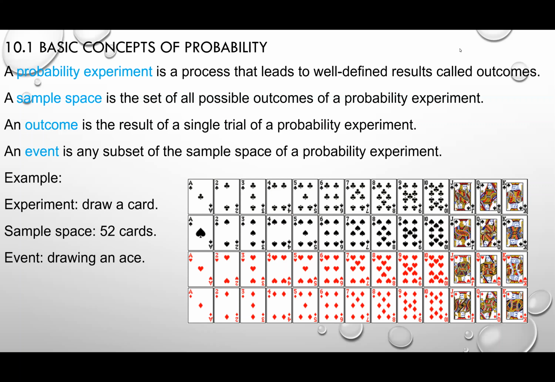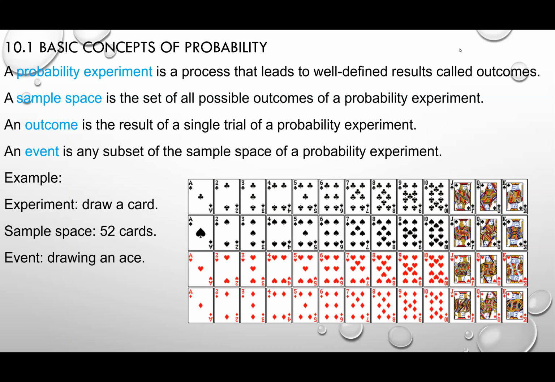The outcome can be an ace, a 2, a 3, a 4, 5, 6, 7, 8, 9, 10, jack, queen, king, right? And again, it can be a heart, a diamond, a spade, or a club, right? So basically, the most important thing that I want you to remember is that the event is what we're looking for.